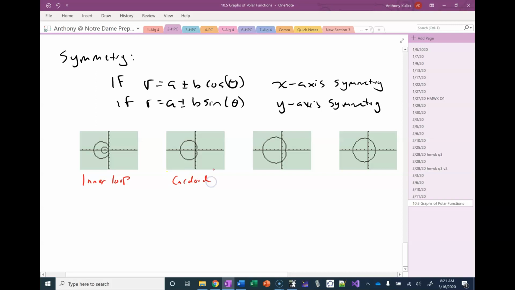This one is the cardioid. It's difficult at first to tell the difference between the cardioid and the dimpled. If we compare the two, they are quite similar. The key attribute to tell the difference between the cardioid and the dimpled is this shape here.